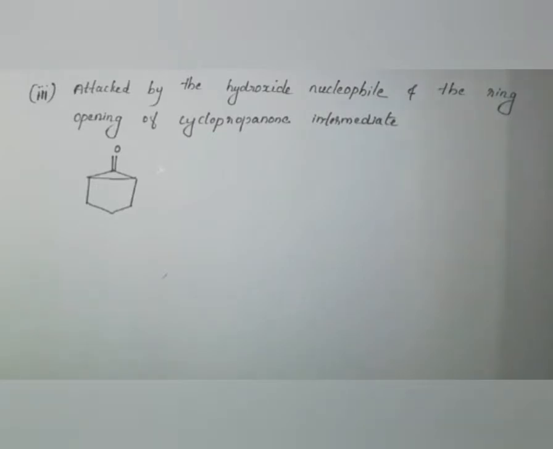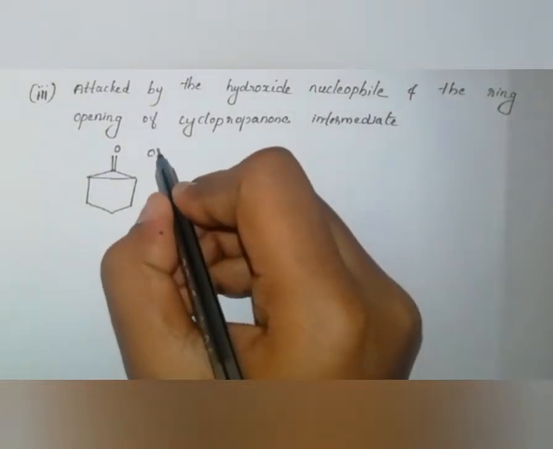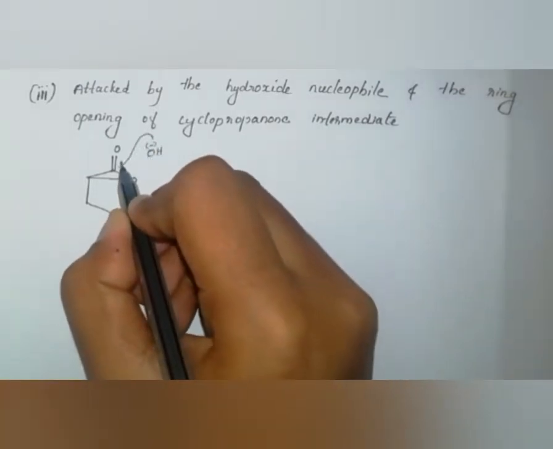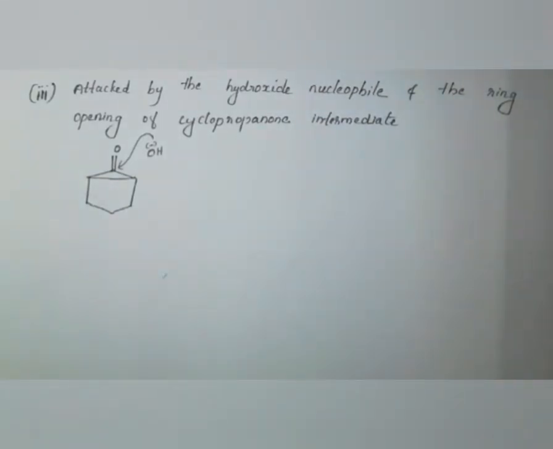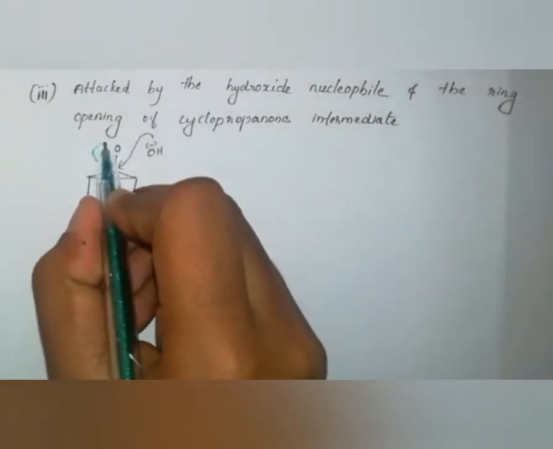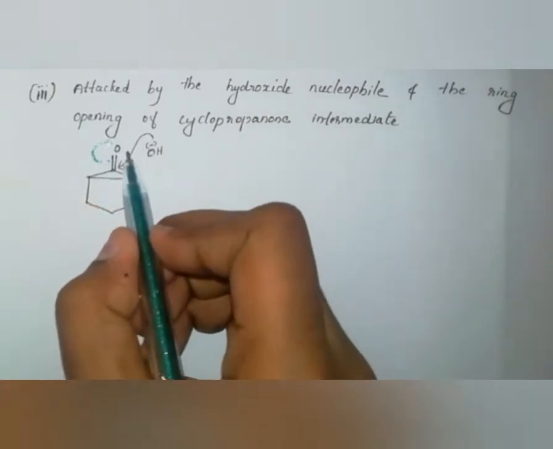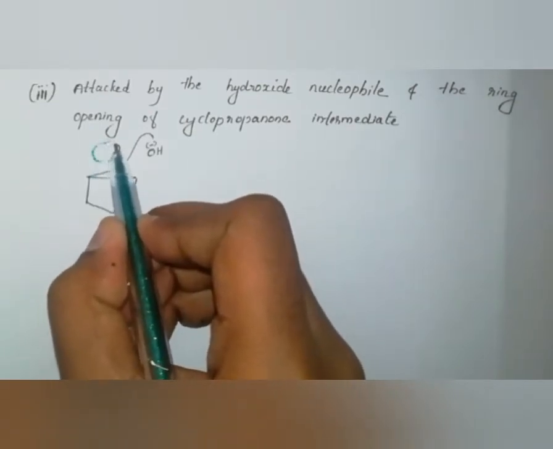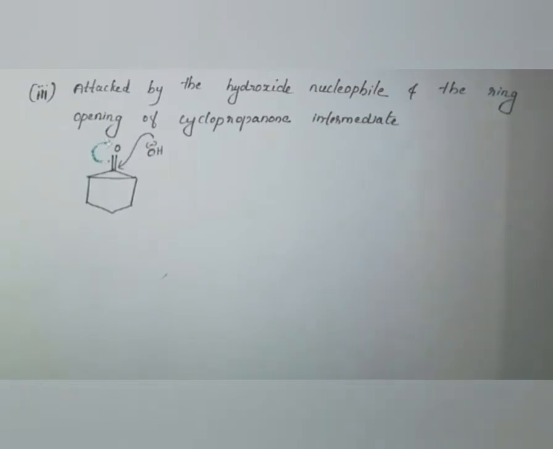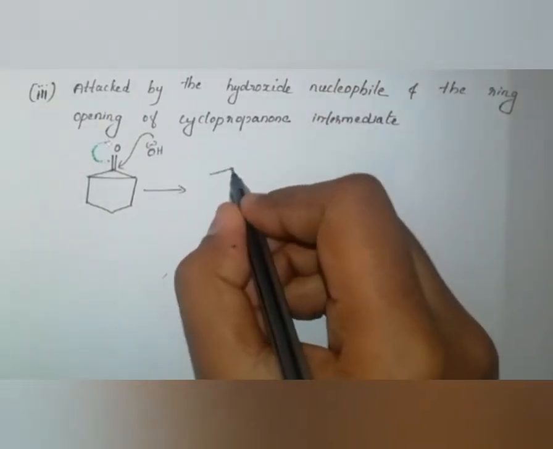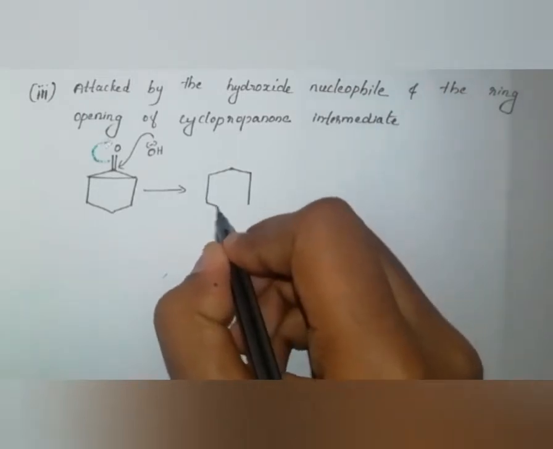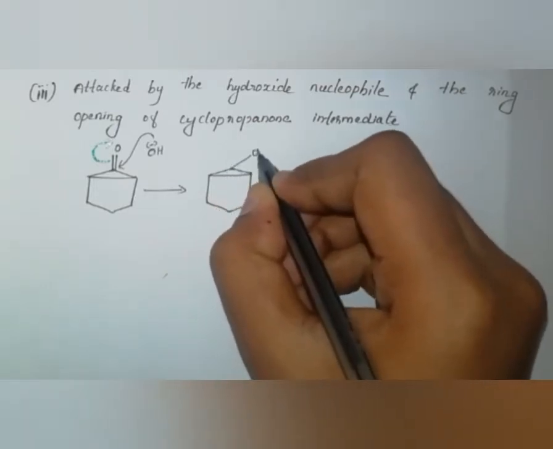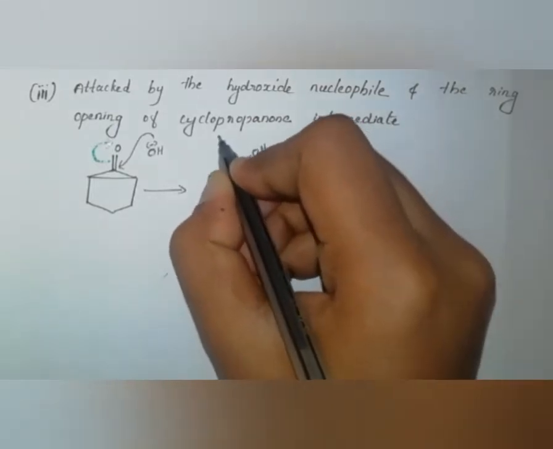This is the cyclopropanone. When this hydroxide nucleophile approaches and attacks this carbonyl carbon, this bond gets shifted to this side, and this becomes OH and O minus.